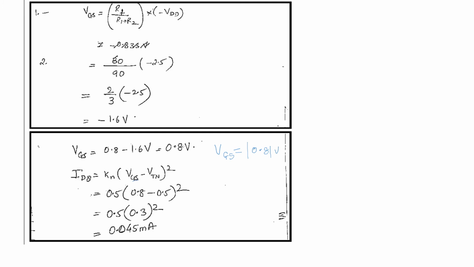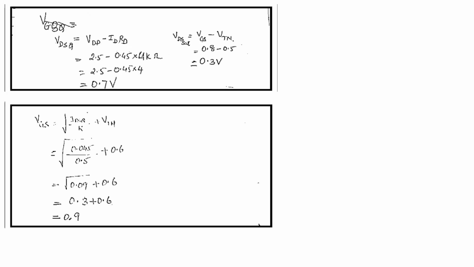So that is why VGS is coming out to be positive, and I have substituted over here. So after substituting, you get current as 0.45.